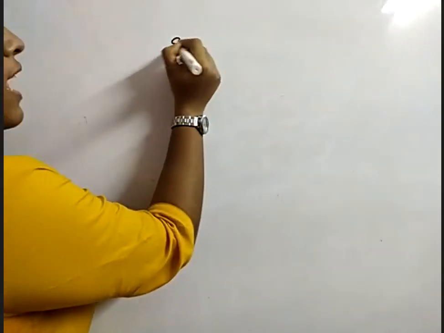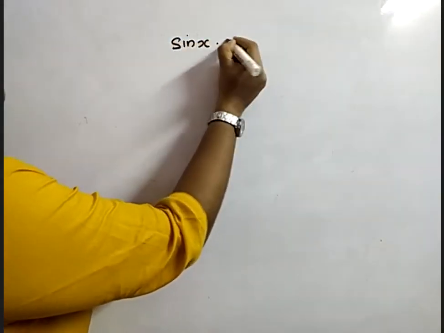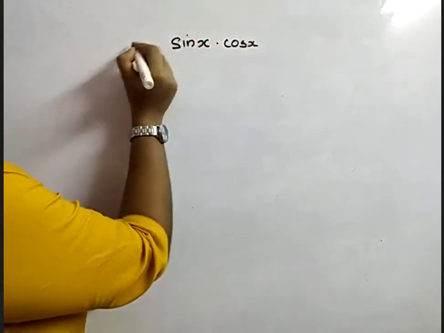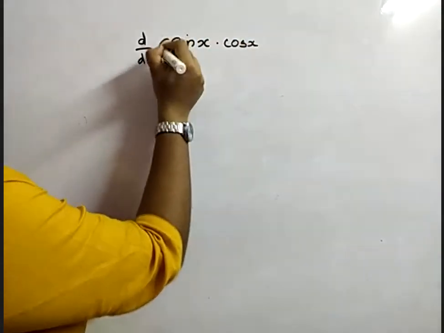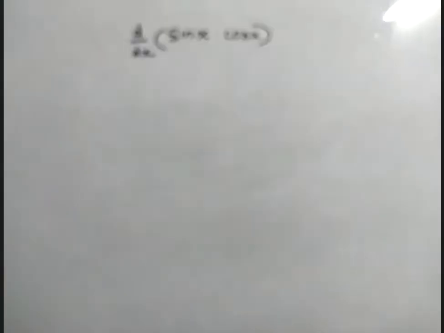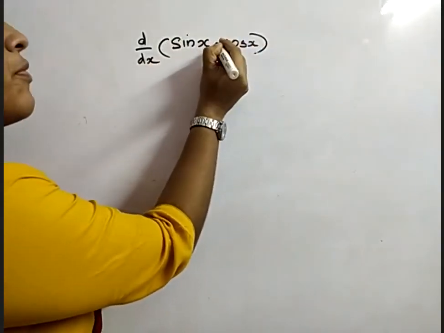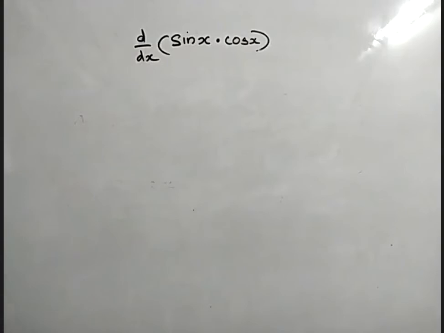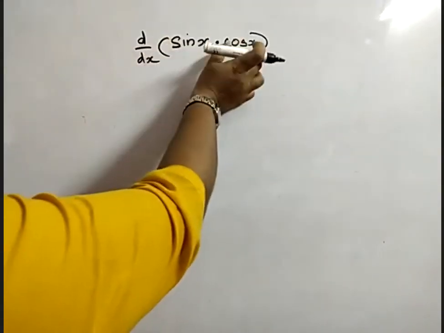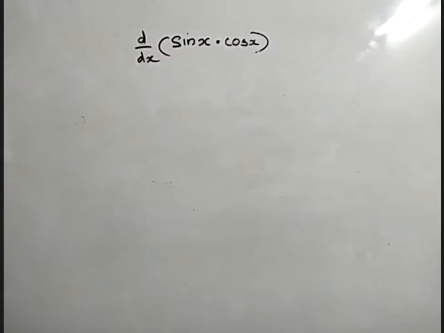Suppose we have sin x into cos x. We need to find d by dx of sin x into cos x. Here we have two separate functions, and between them we have a multiplication, isn't it?